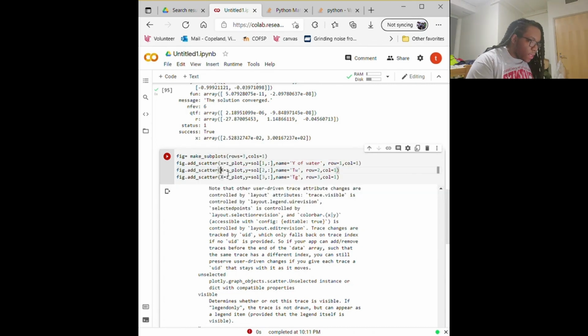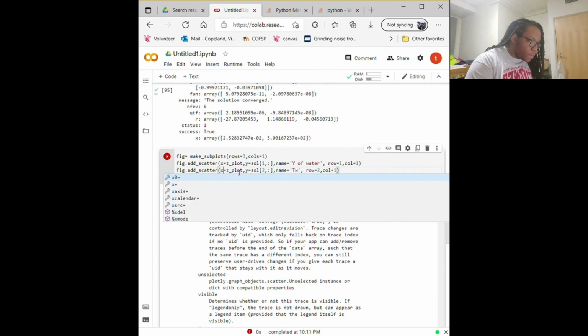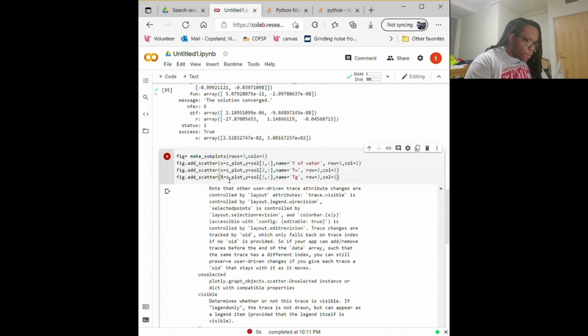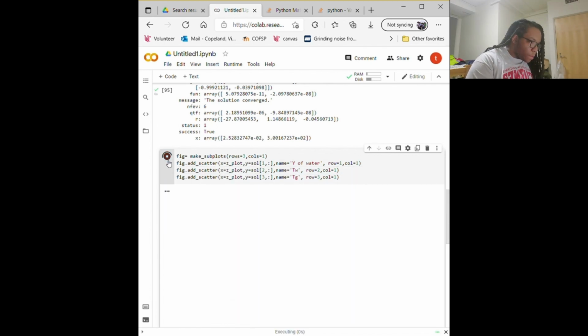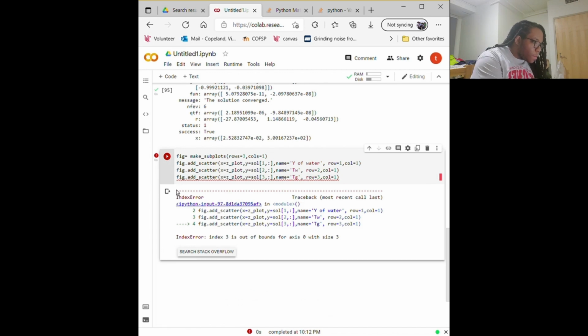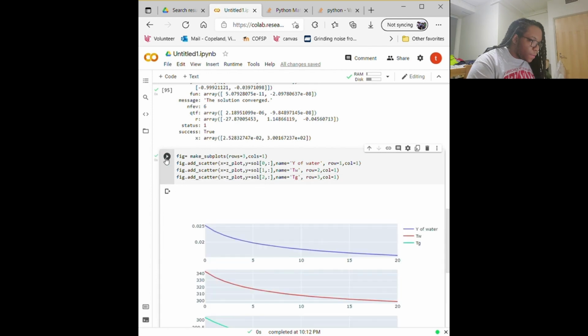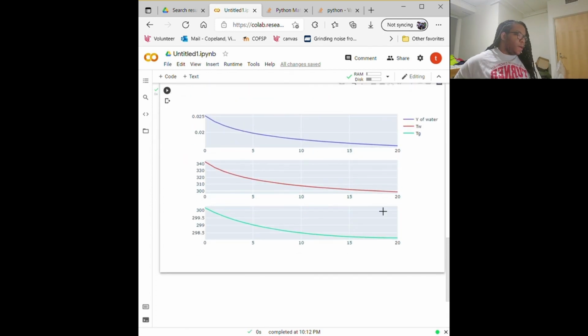Change it to lowercase x. Oops. It's supposed to be our 0 index here. It's supposed to be from 0 to 1. I mean to 2. Since there are 3 indexes. And there we go. There are our plots.